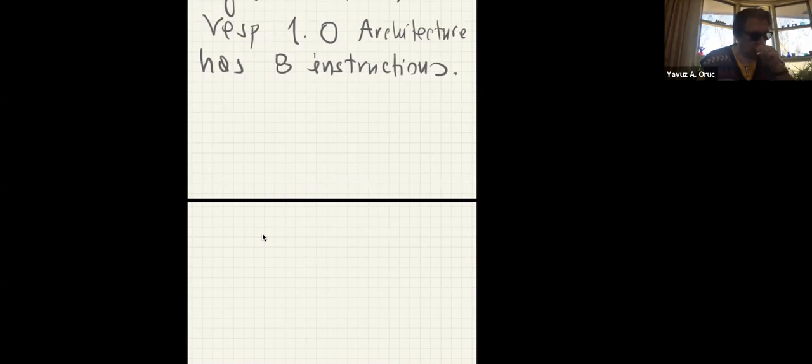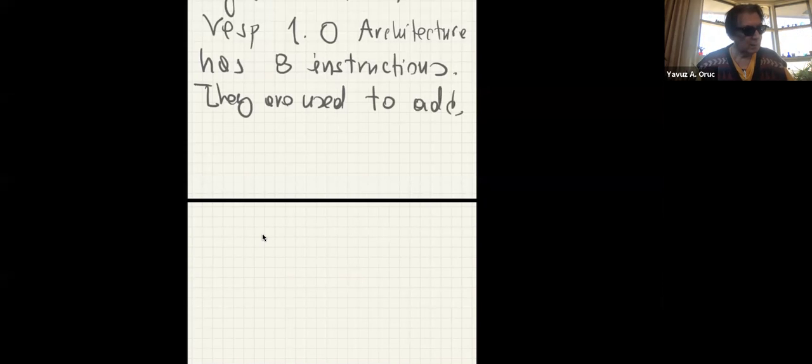Okay. And now we're going to have the opcodes written. But let me just fill this space here. They are used to add, complement, move, or load, move, jump.